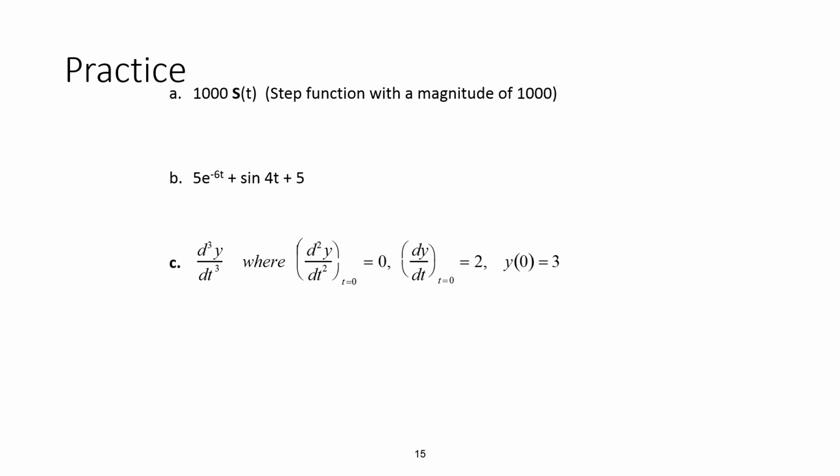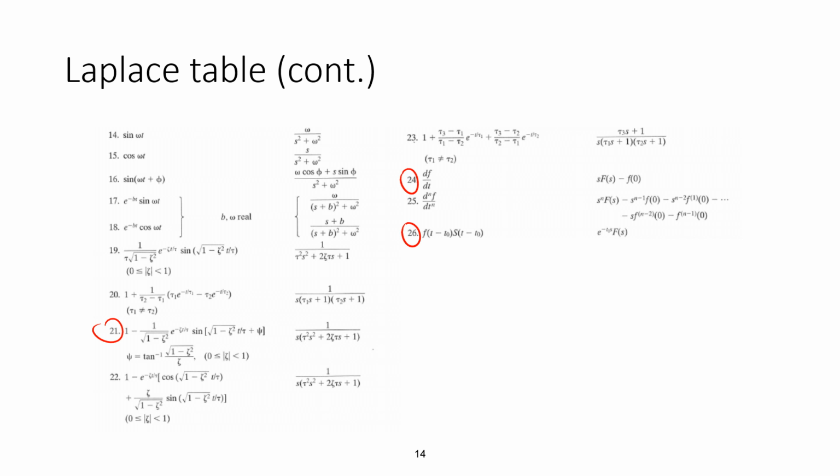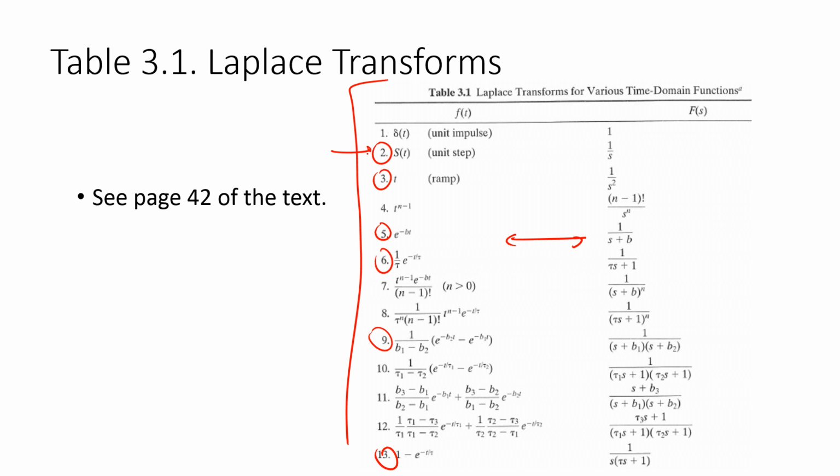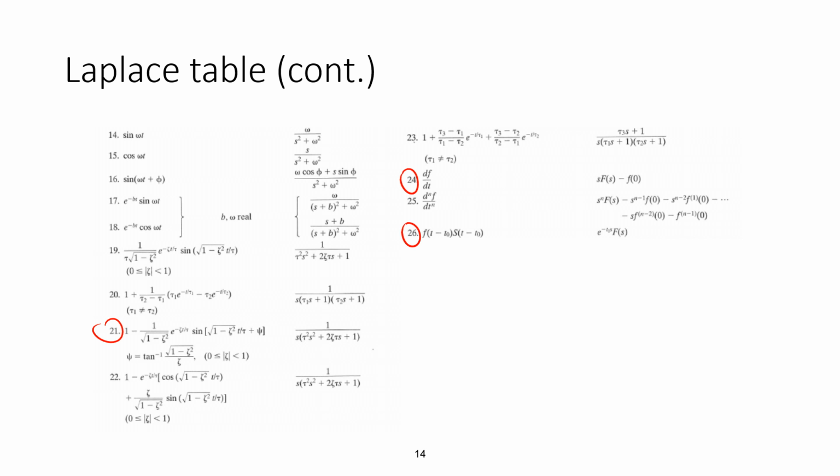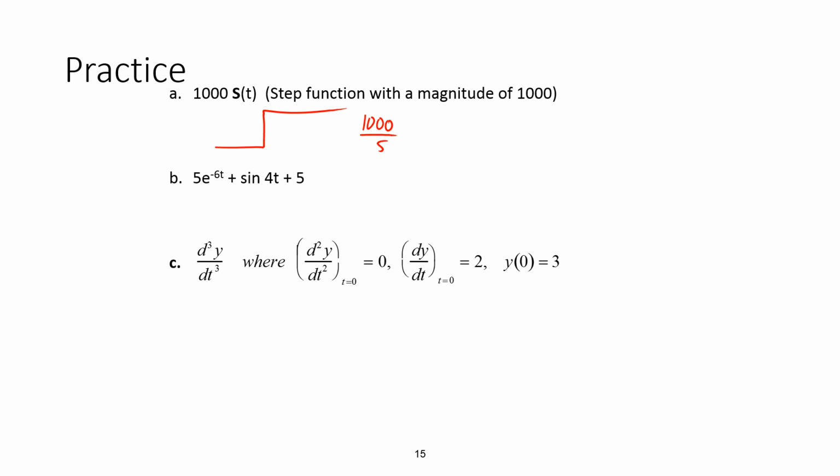Okay, so we can practice. This is a step function, it goes from 0 to 1,000, and that's just going to be the step, and that's just going to be 1,000 divided by s. If we go back to our tables, we found it right here as number 2. Then you can just look these up as well.